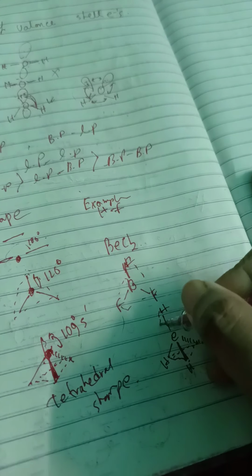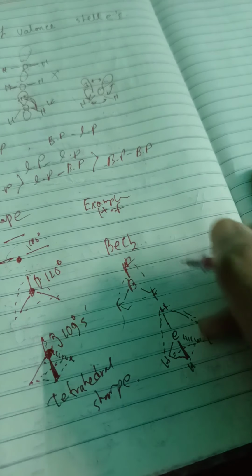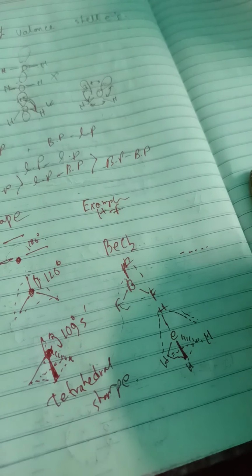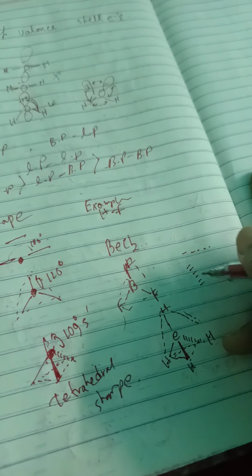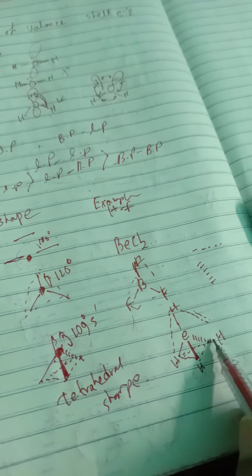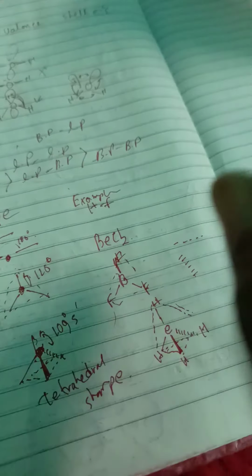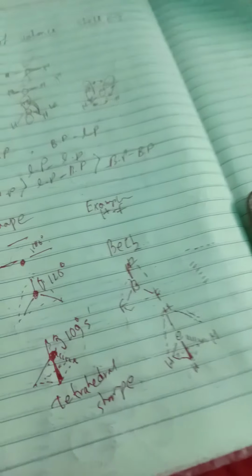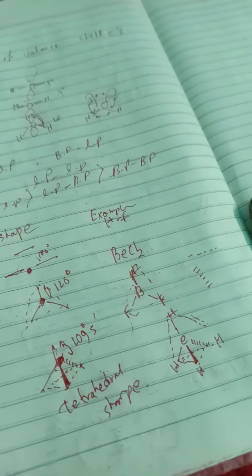You can draw some imaginary lines. The straight dotted line is an imaginary line. The broken line is your actual bond. Don't be confused. Why did I draw it like this? To show that this is back of the plane. So this is an imaginary line to show that this is a tetrahedral structure.